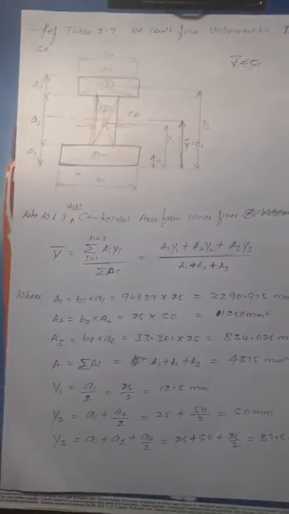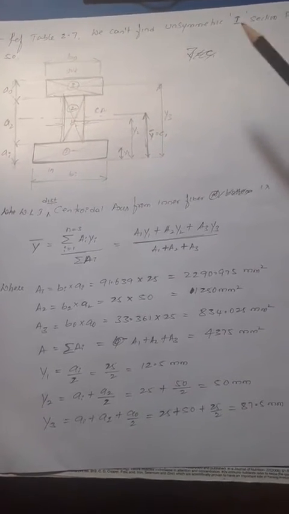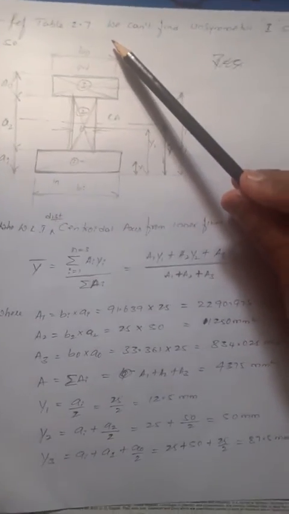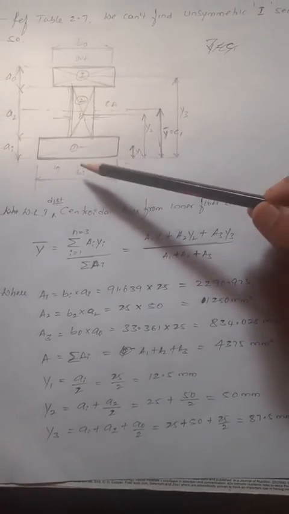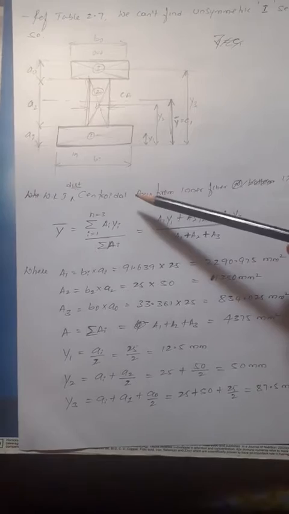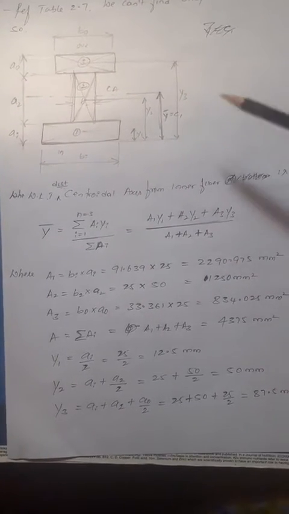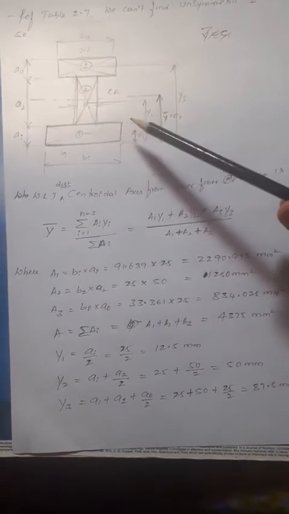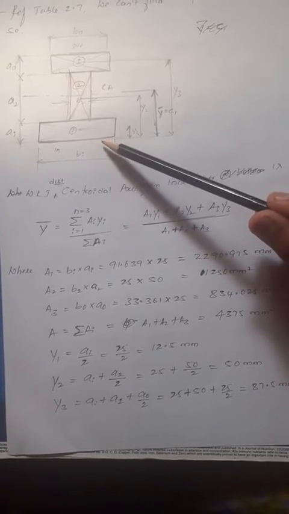Before that, again refer to table 2.7. We can't find an unsymmetric I section in table 2.7, so redraw that I section again and write the notations. Then, as you know from elements of civil engineering or mechanics of materials, we already studied how to determine the centroidal axis from the inner fiber or from the bottom line, the x-axis.